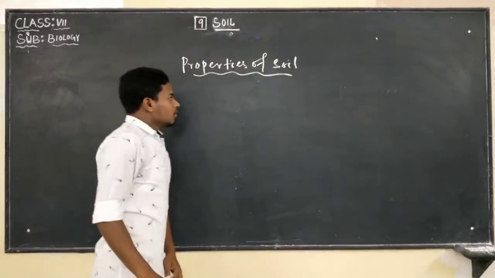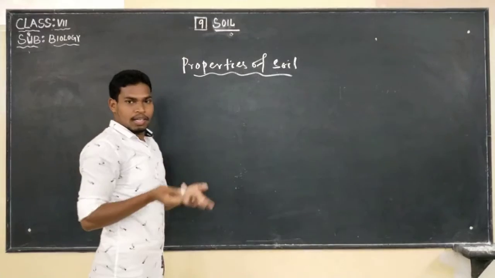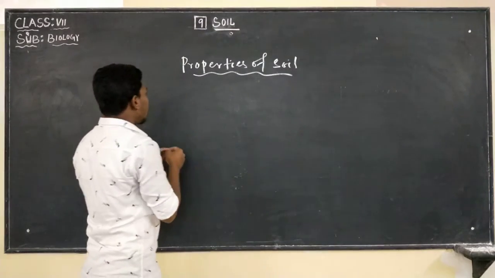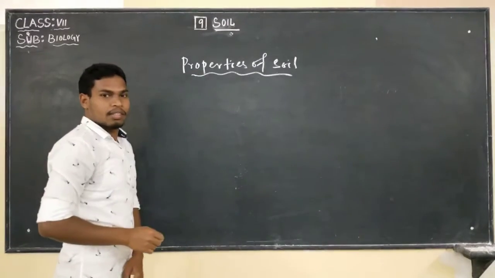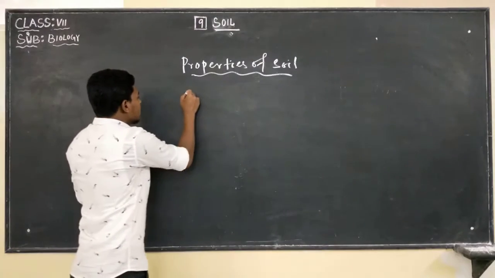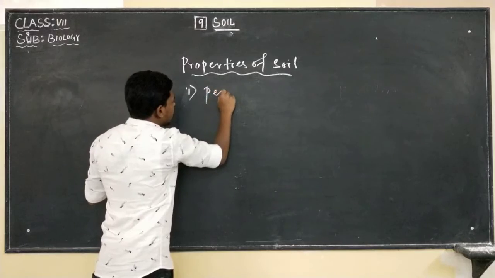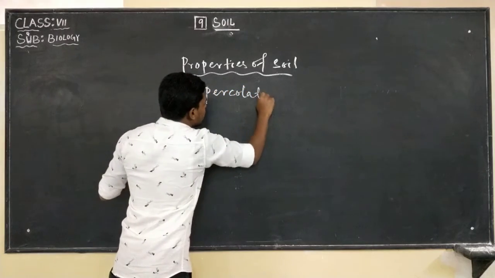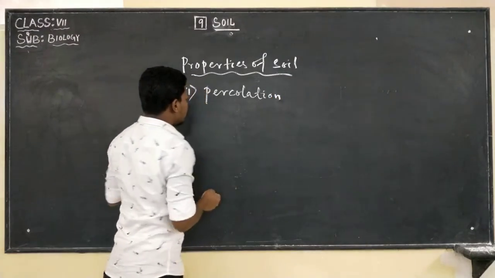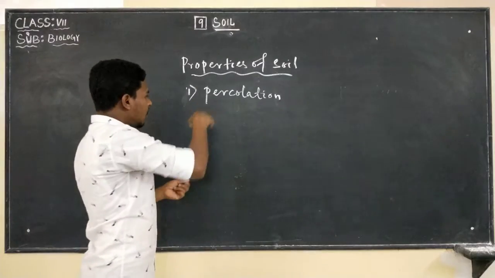So we know that soil should have water holding capacity or water absorbing capacity, and it should also have percolation capacity. So first one, let me write as percolation. Soil should be porous enough in nature so that water will seep along with the soil.